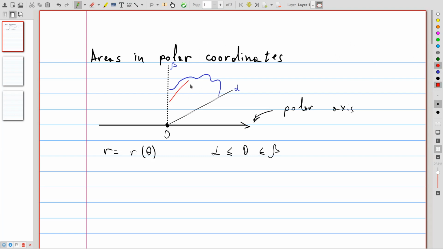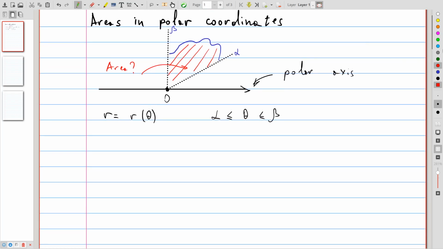So we are looking at this part here. This is the area we would like to determine. Okay, so in order to do that, we have the following formula.